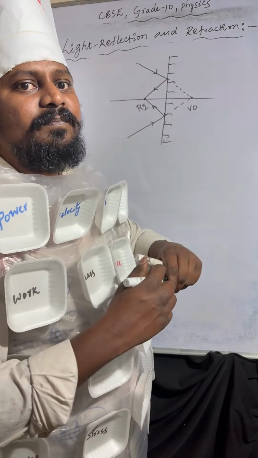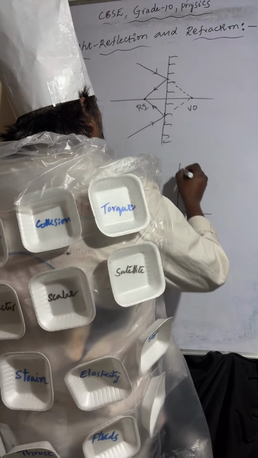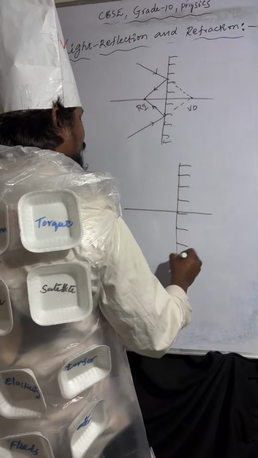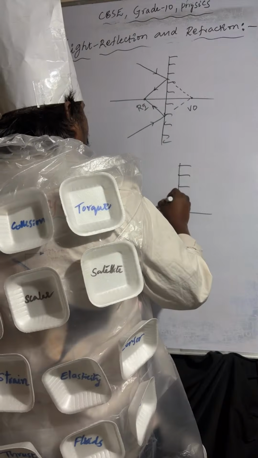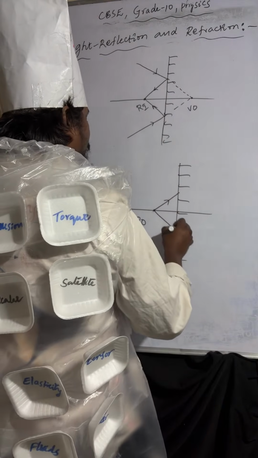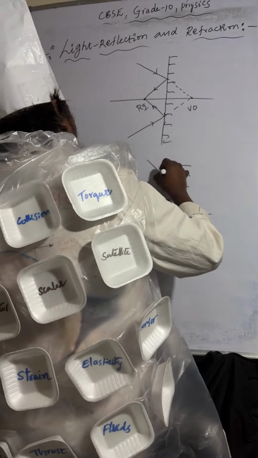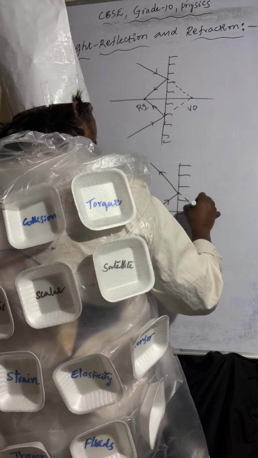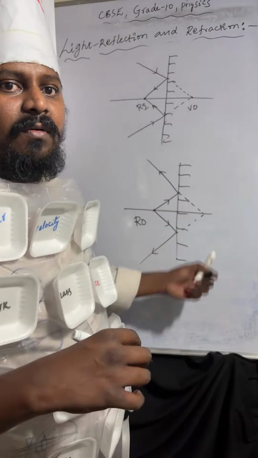Next one I will draw so you can observe. This is a real object, from here light rays are coming. After reflection, those light rays are moving away from it. If you are extending those light rays, what is this image?